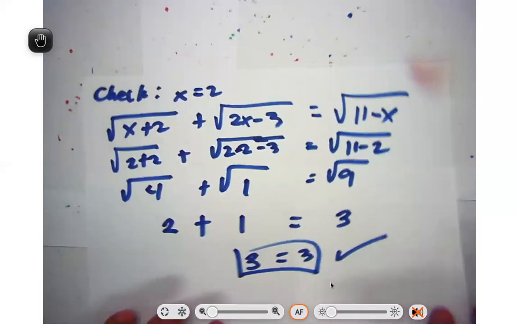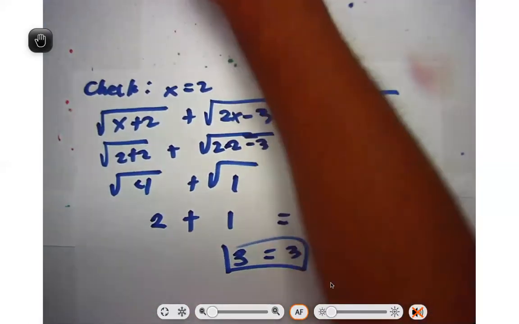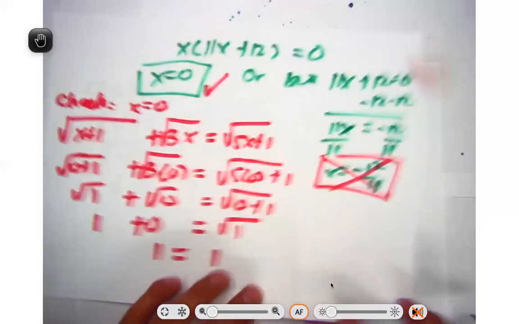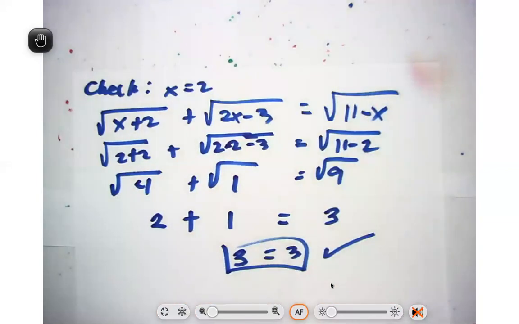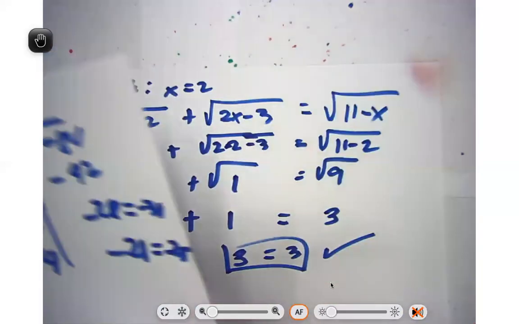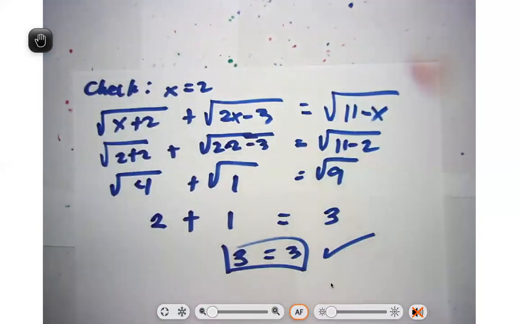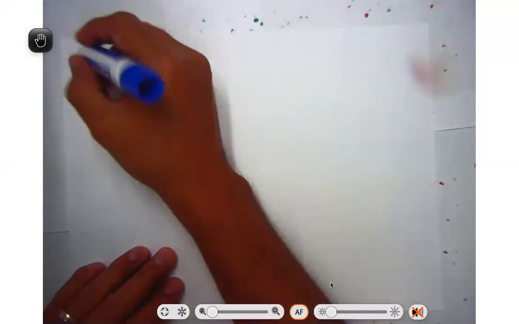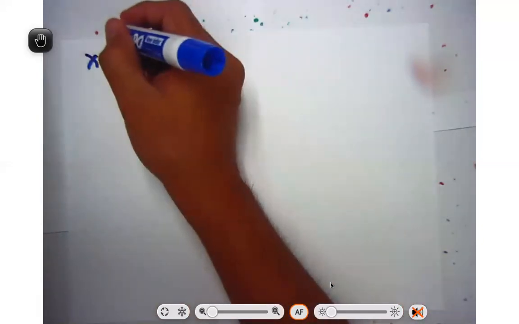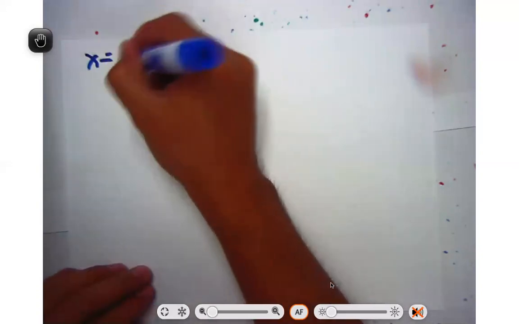But there's one more thing to prove. This one I said is, where's that one? This one is a solution, right? Let's verify that. Let's verify it. All right, so this is now the 5th paper for this. Okay, x equals 21 over 2.